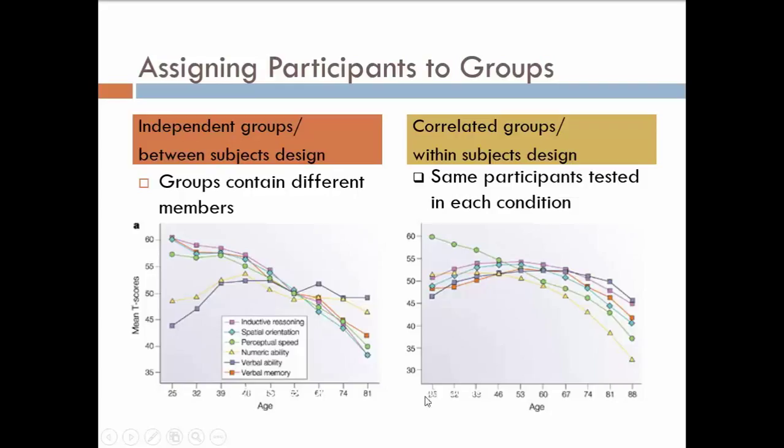The one thing that follows the same pattern in the cross-sectional technique as it does in the longitudinal technique is perceptual speed. And that may be a function of normal aging of our eyes, our ears, our reaction time slow as we age, and that's really not subject to a lot of input from the environment. That's just a function of aging.